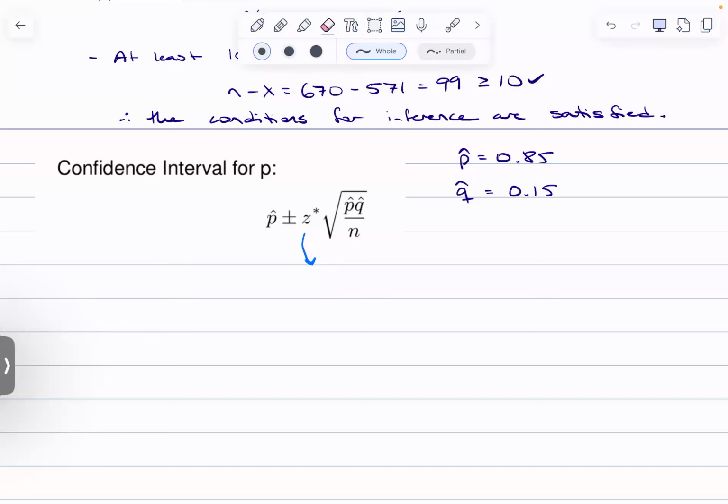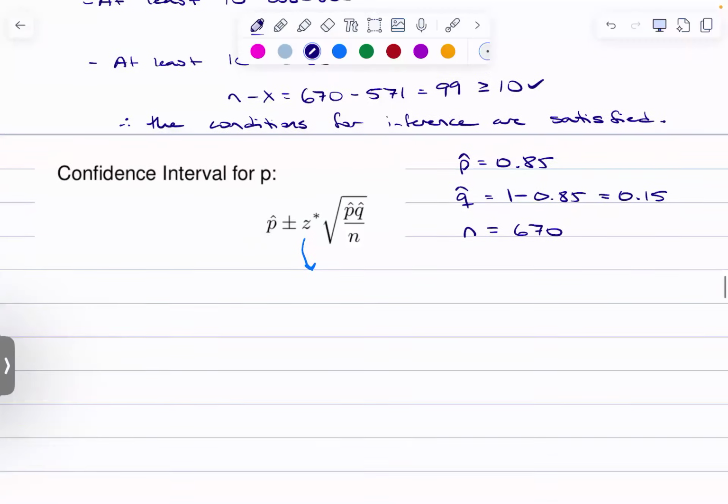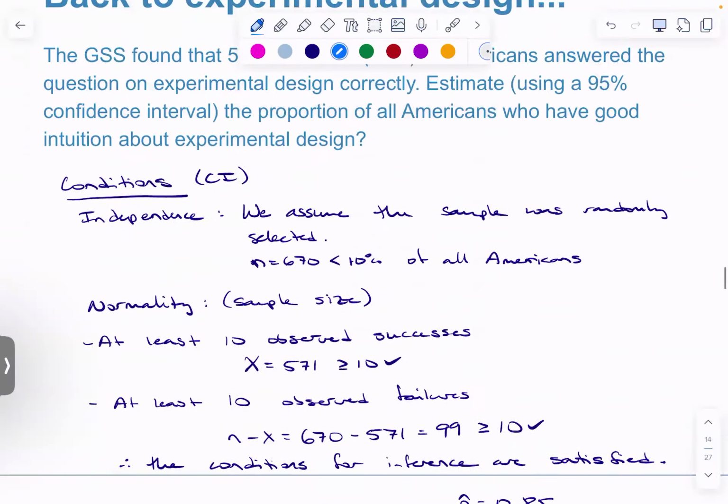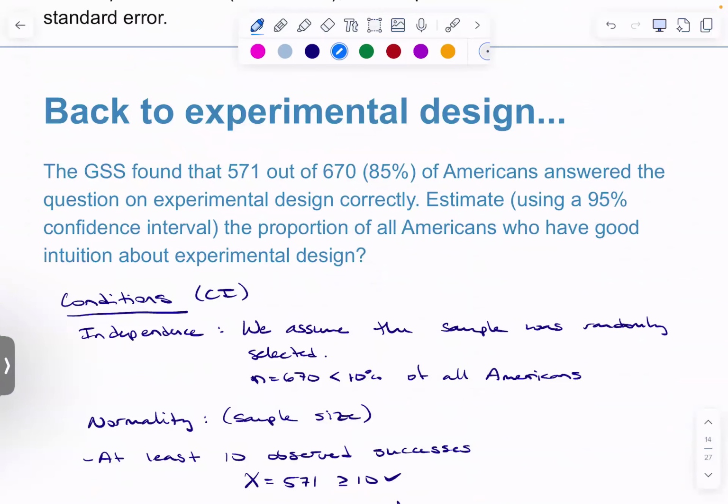I'll show that work because that's still maybe not 100% clear yet, but it will be. And n is 670. And so we need z star. We were asked to build a 95% confidence interval.